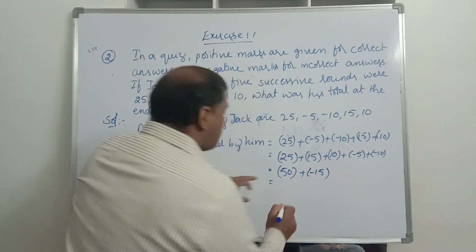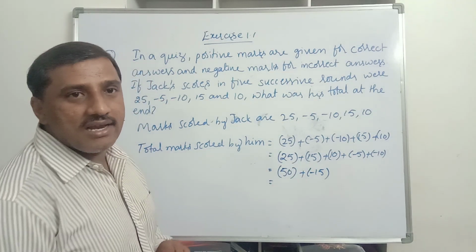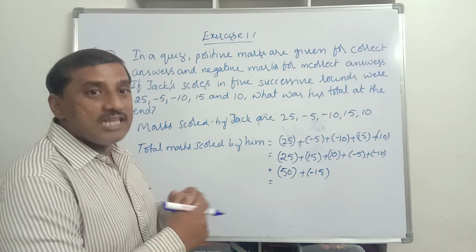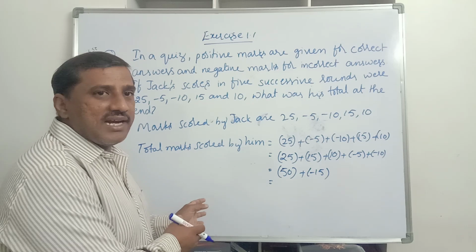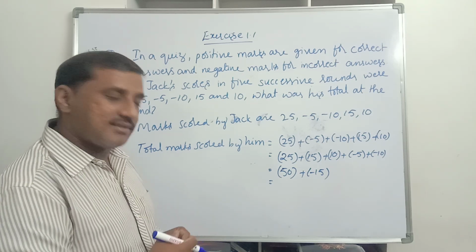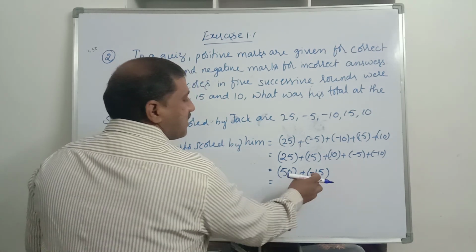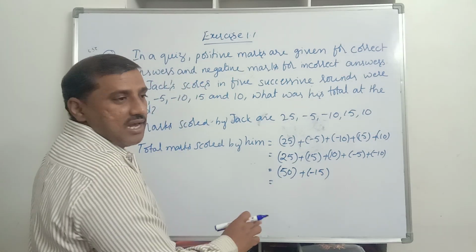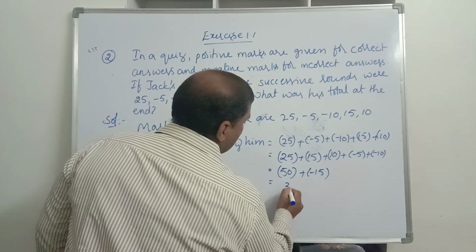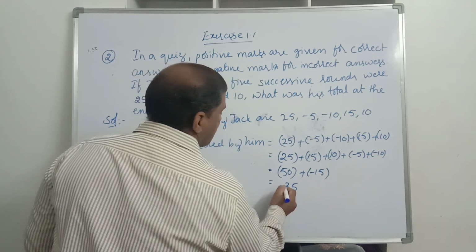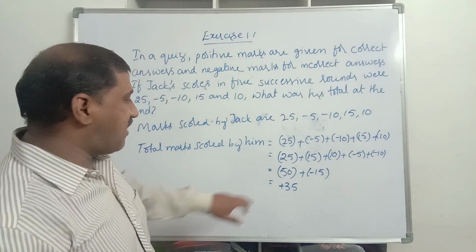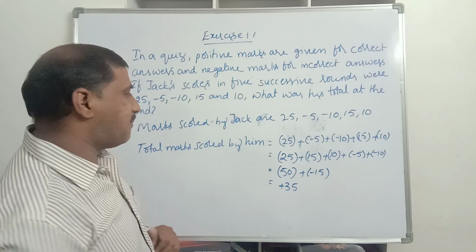Now how do we add one positive integer and one negative integer, when two different signs are there? Subtract the smaller number from the greater number and take the greater number's sign. 50 is greater and 15 is smaller. Subtract 15 from 50: 50 minus 15 is 35, and the sign is plus, because 50 is the greater number.